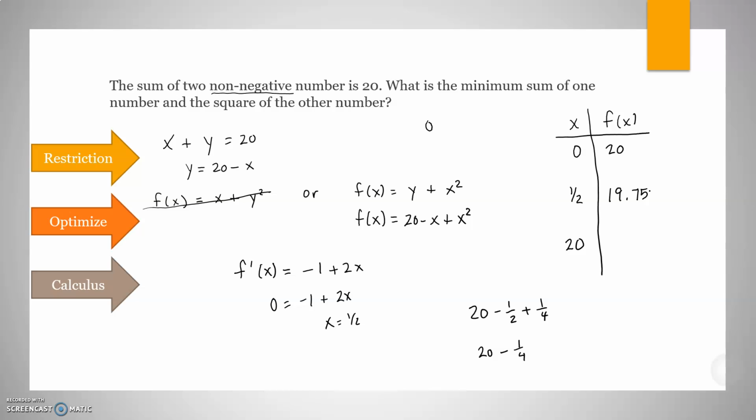And then if I plug in 20, I get 20 minus 20 plus 20 squared. So I get 400. This certainly looks like my maximum. And if I hadn't done calculus, I would have no idea about that x equals a half, giving me a minimum value of 19.75.